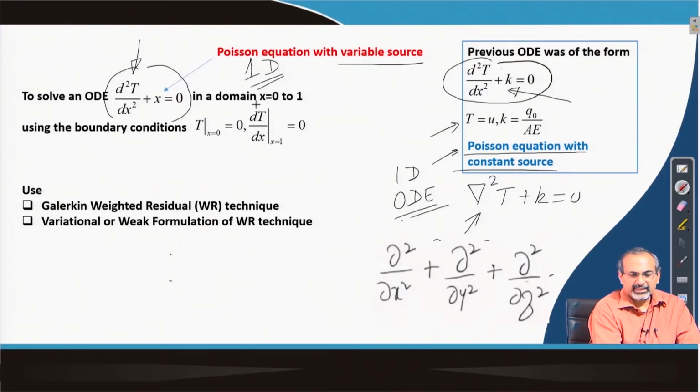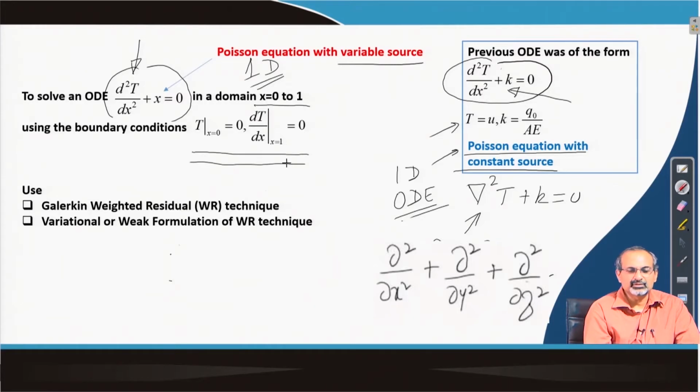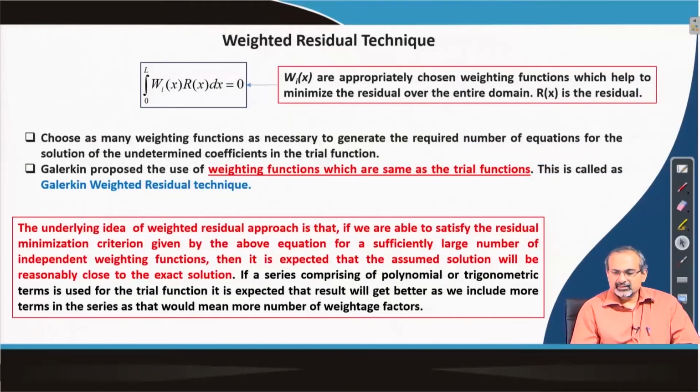We are taking a domain x equal to 0 to 1, and we are imposing very similar looking boundary conditions like we did for the previous problem. But as we solve this problem, we would discuss first about the weighted residual approach, which we talked about a few minutes back, and then we would also talk about another approach which is called the variational or weak formulation approach. Let us look at the concept of the weighted residual technique.